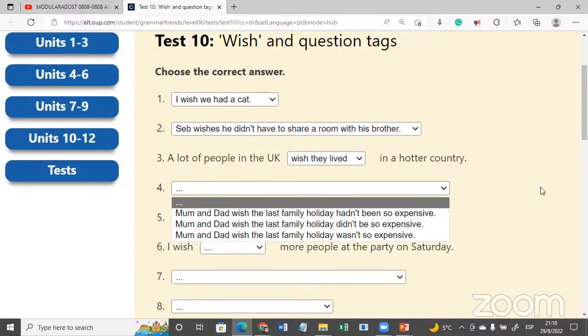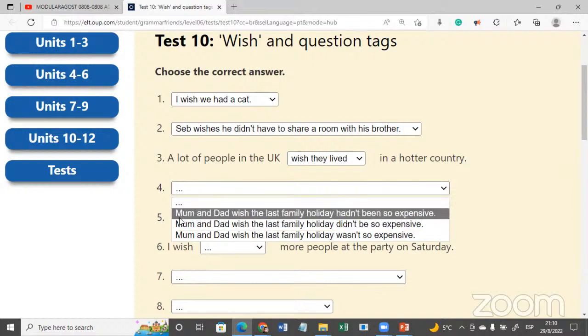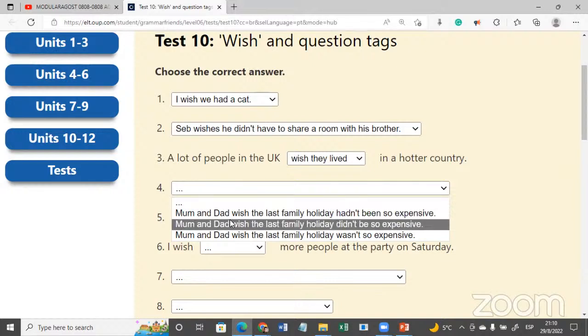Mom and Dad wish the last family holiday didn't be so expensive. Okay, Mom and Dad. The first, the second, or the third? Which one?